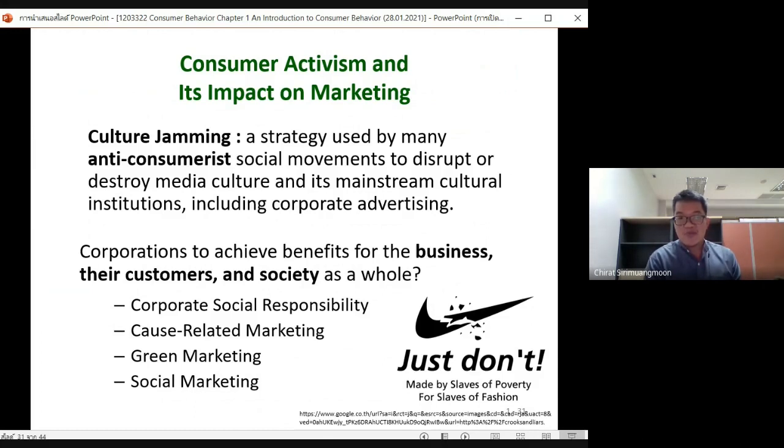This group of people does culture jamming by showing evidence that Nike products are made by slaves and poor people. That's correct, because they need to lower the cost of production, so they have to produce the product in poor countries. I would say Thailand is going to have this problem too.